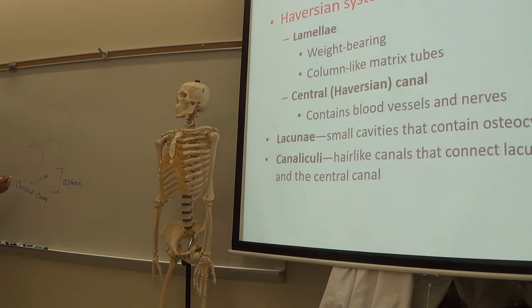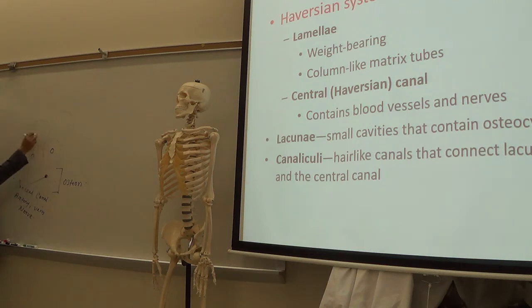So you have an artery, a vein and a nerve inside the central canal. Those are the structures that pass through the central canal: artery, vein and nerve.